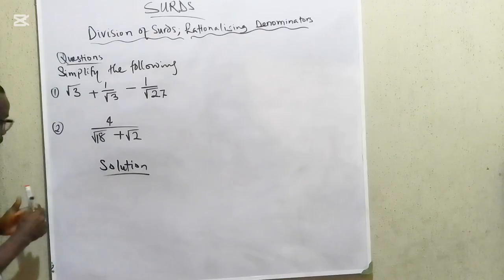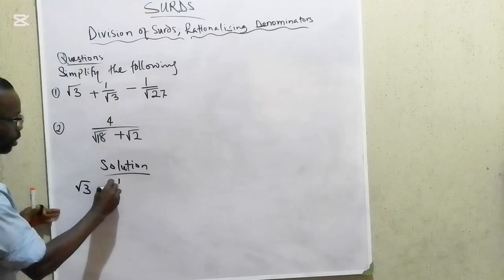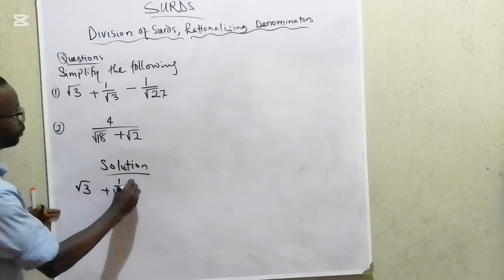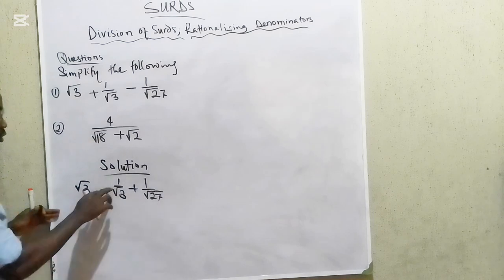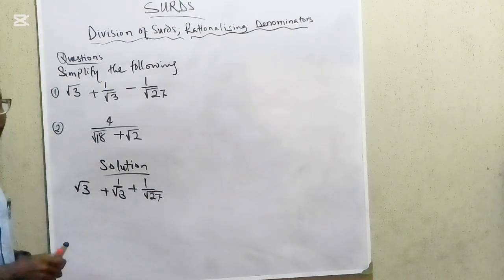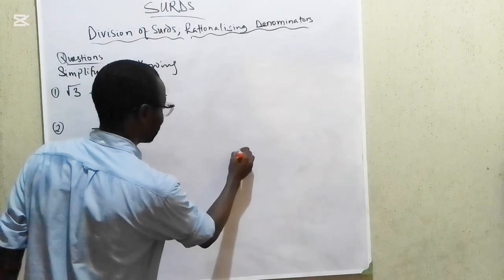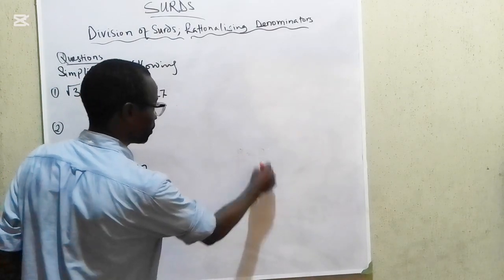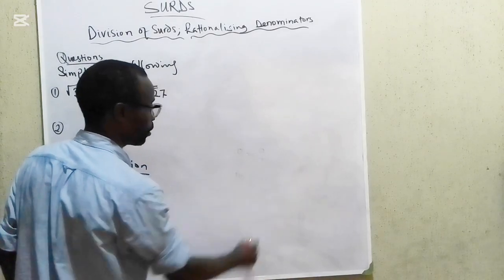We have root 3 plus 1 over root 3 minus 1 over root 27. Now this is the square root, I call it root. Now this number is the same thing as that number all over 1. Any number, any digit A, is the same thing as A divided by 1. If it is 10, 10 is the same thing as 10 divided by 1.